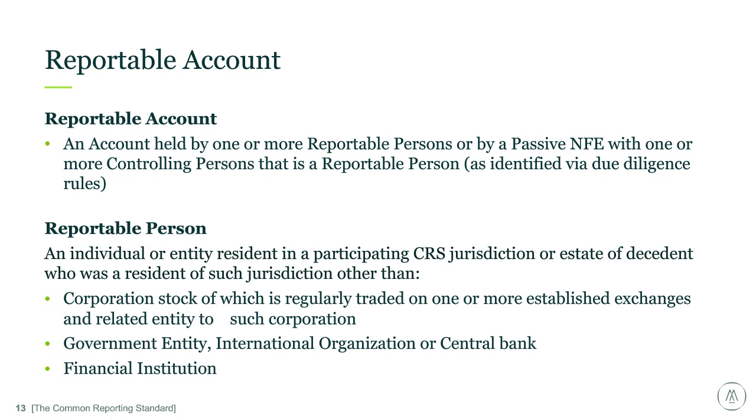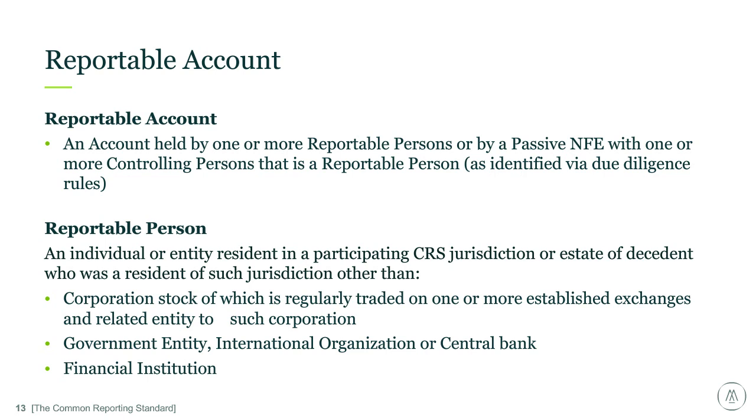So, as I mentioned, a reportable person is a resident in a participating jurisdiction. There are a few exceptions. If you have any account holders that are publicly traded corporations, government entities, international organizations, or financial institutions, those are all excepted and removed from the reportable population under CRS.